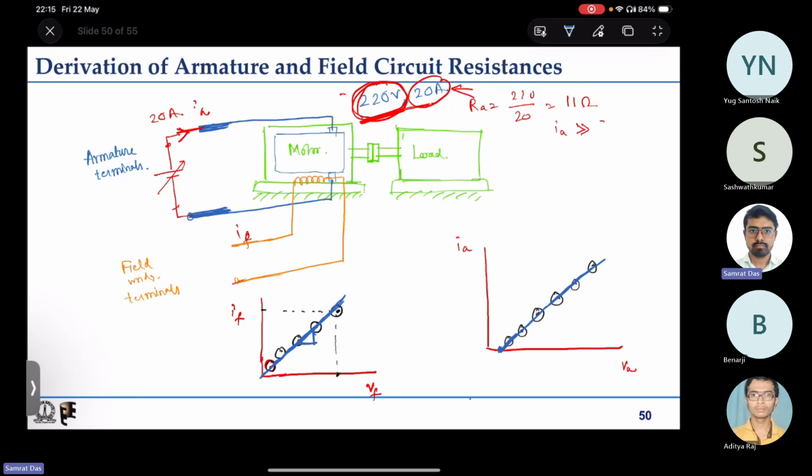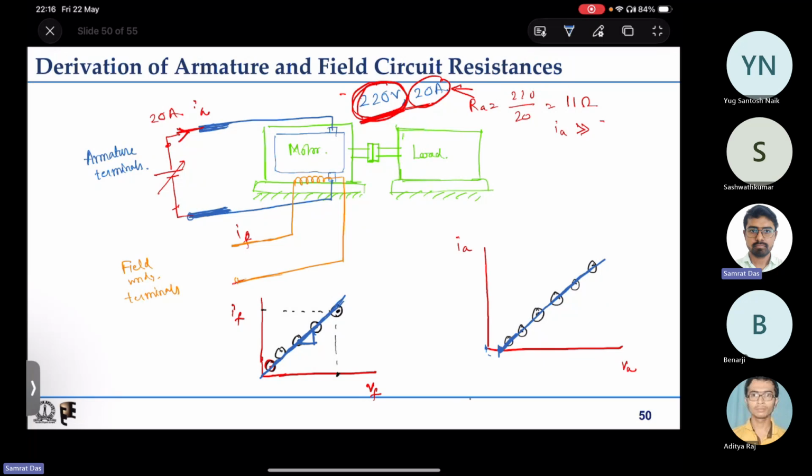That means the resistive drop happening in the armature circuit is not purely a resistance. It is like some constant voltage plus some resistance.